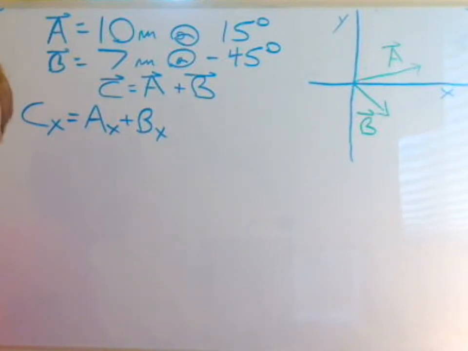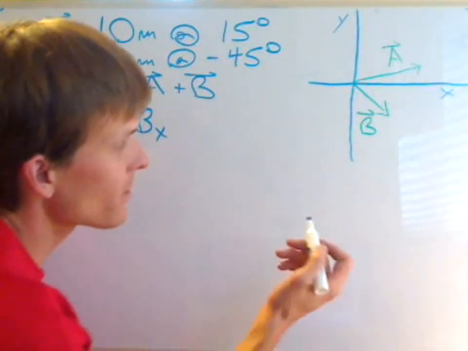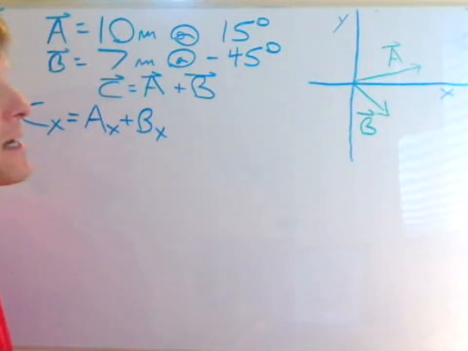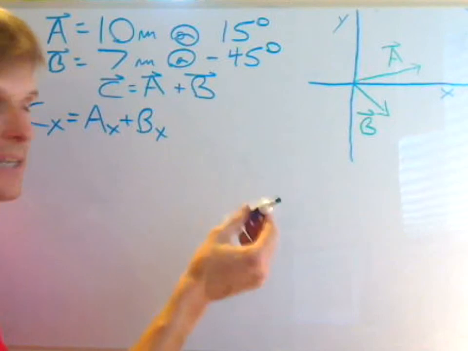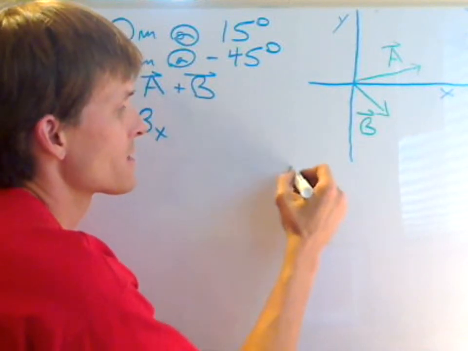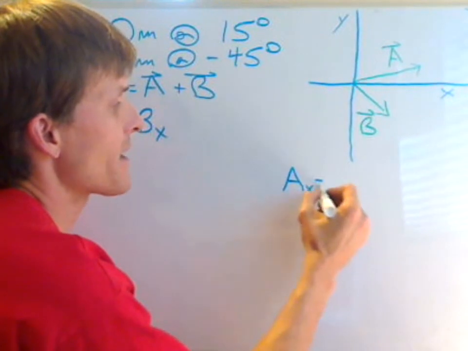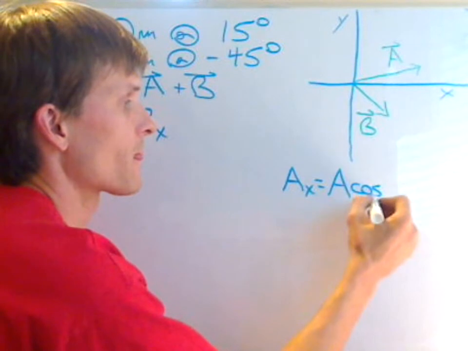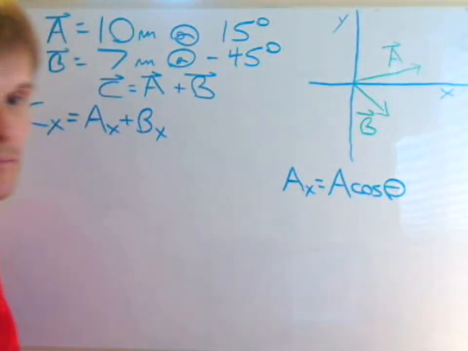Okay, so now we need to figure out what the x and y components are. Remember our equations for the x and y components. If we're dealing with the x component, we use the sine. So the x component of vector A, sorry, did I say sine? I meant cosine of theta.